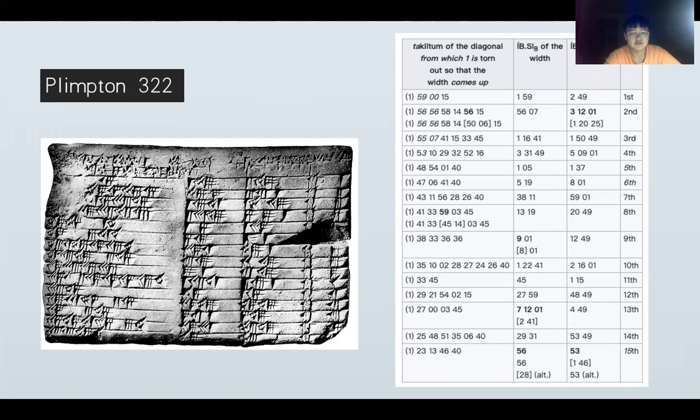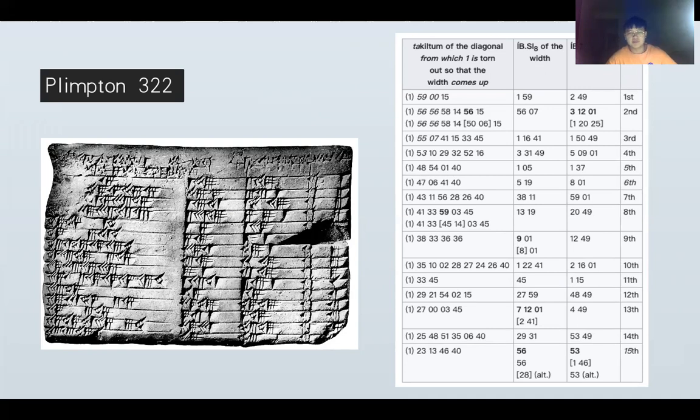If we look at the Plimpton 322 clay tablet, we can find some errors on it. Why would there be errors? People think that this clay tablet might not be the true original of Plimpton 322. People think that this clay tablet might be a copy made by some copier.